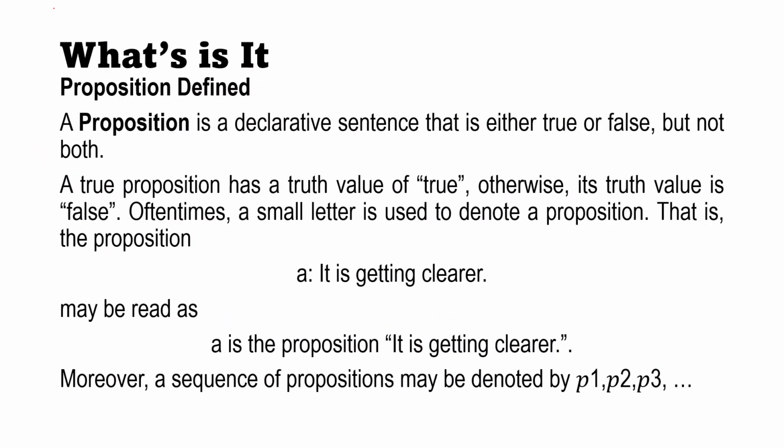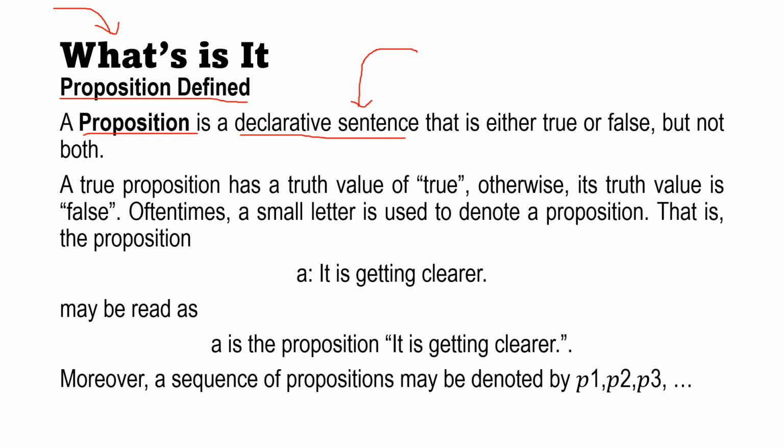So let's deal now with what it is. Proposition defined. A proposition is a declarative sentence. So it is not an interrogative, imperative, or exclamatory sentence. When we say proposition, it's only a declarative sentence, meaning it is a statement.